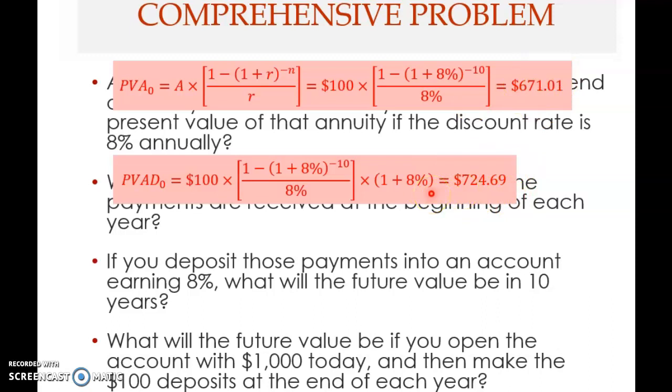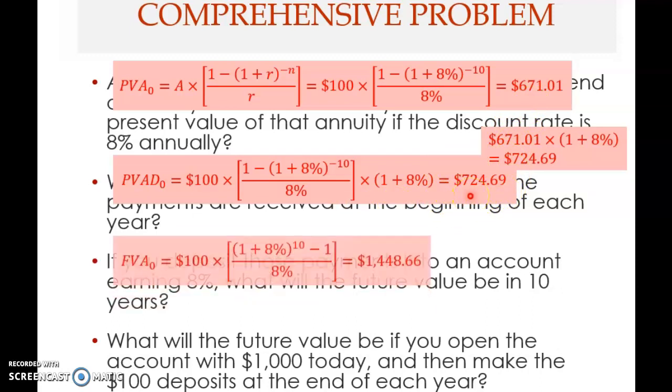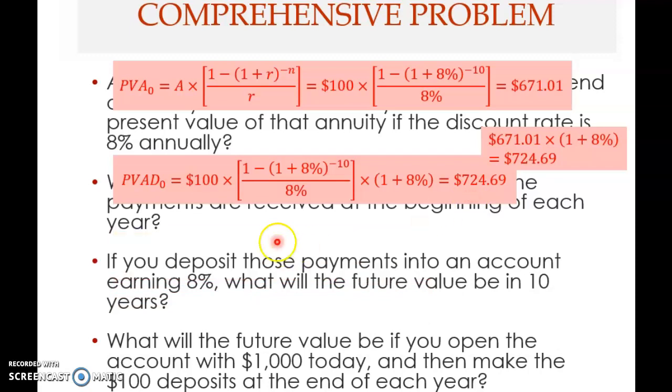Another way of doing this would be to take the present value of an ordinary annuity and multiply it with 1 plus 8%, or you compound this for one more period at the interest rate. Therefore you get this value. So either way is correct, and we get the right answer here: $724.69.